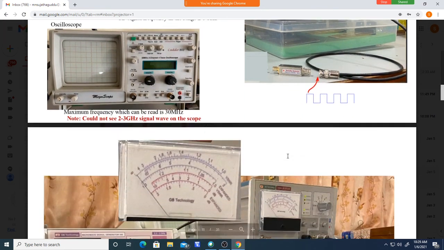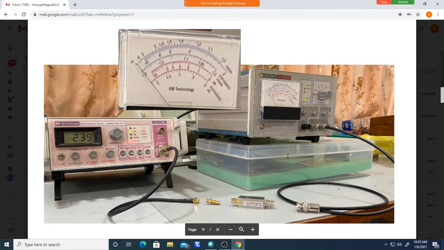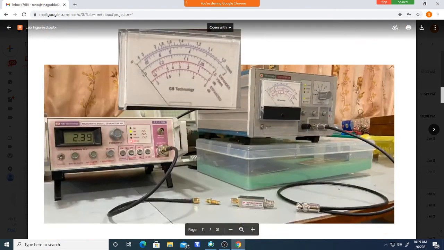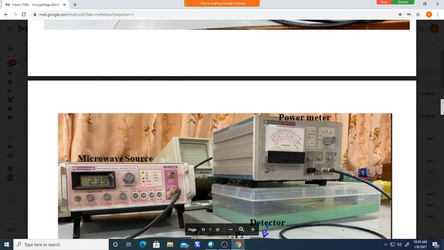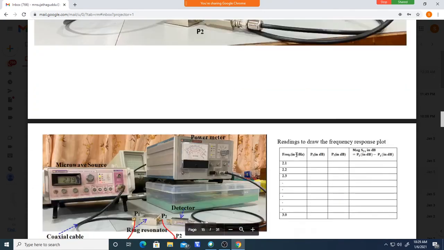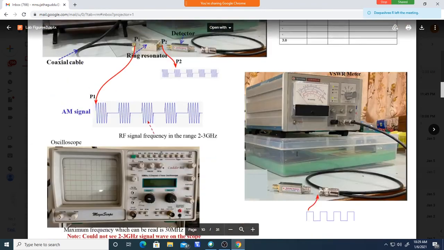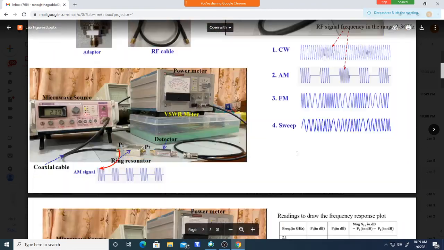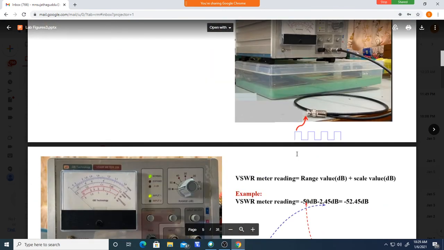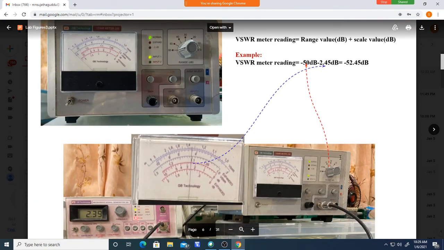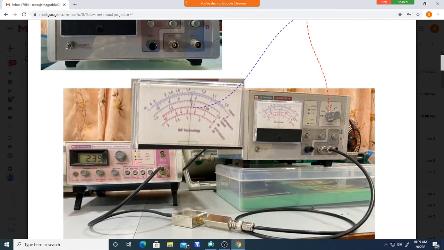This is about the equipment. The VSWR meter, I told you how to measure the power. Here I have given one more example for that power measurement, based on the needle position.